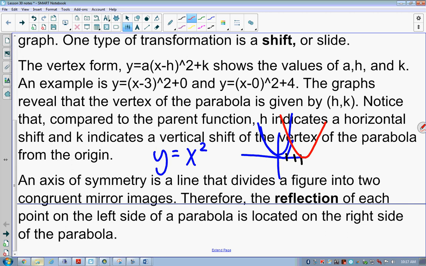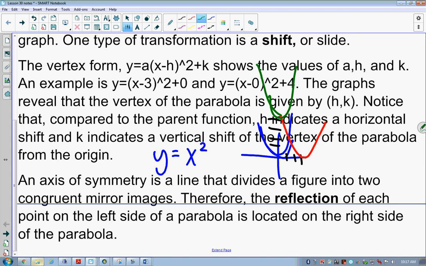Now, if we do the same thing, but in this case we do x minus 0, right? That means I'm not moving left or right at all, but plus 4, that means I'm going up 4, right? So 1, 2, 3, 4, right? And I'm staying on the y-axis, but I'm just shifting it up, okay?